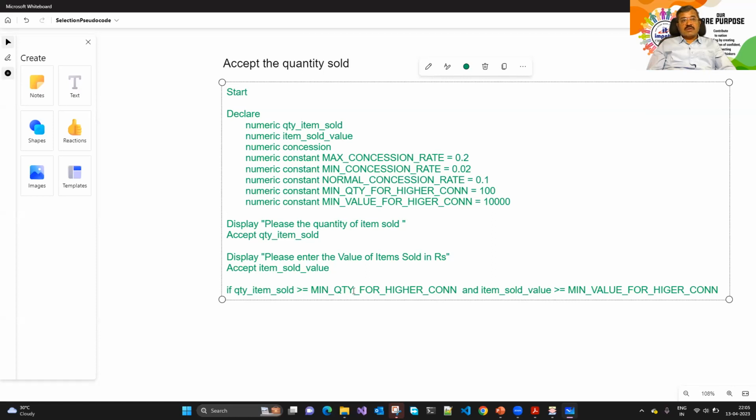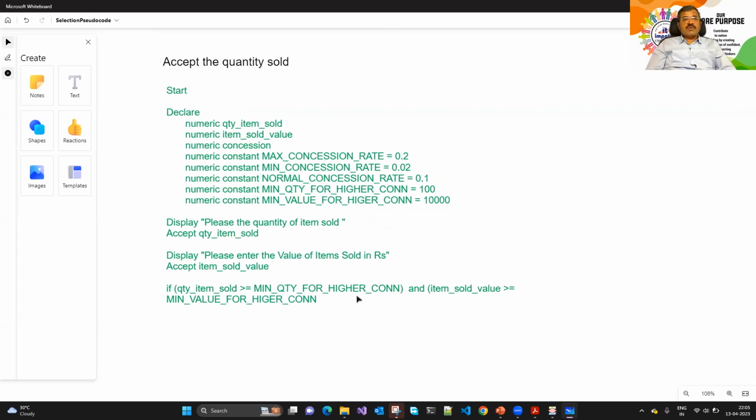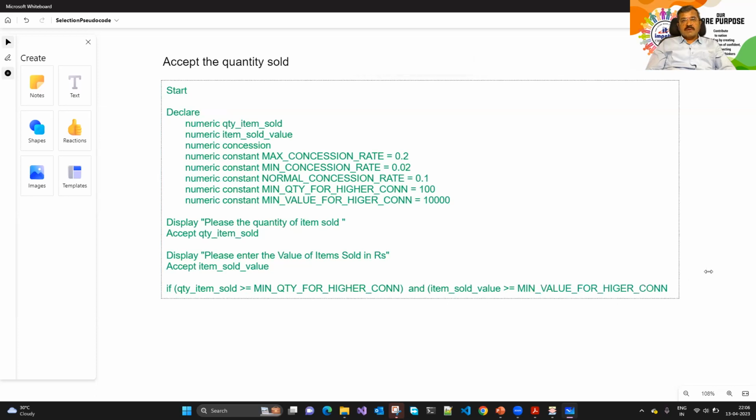If quantity sold is greater than or equal to minimum quantity of this, now when there are more than one condition, reading becomes difficult, so put those conditions in brackets. Good conventions, it's all about good practices that we have to follow. Is it necessary to put this into brackets? Absolutely not. Then the question would be why are we doing that? If we want to make our code more readable, so we are doing that. So use brackets when there are two conditions to be joined, so you will know which are the two conditions: this is the first condition and this is the second condition.